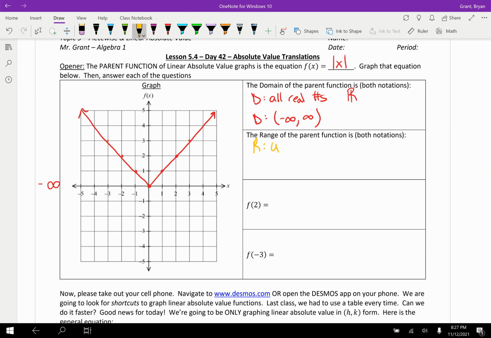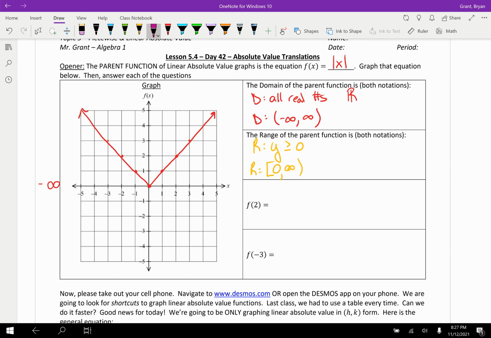You could say the y values are equal to 0 or greater than 0. Or the other way you could describe it is you could say we start at 0, that's the bracket to show equals, and we go up to infinity. Both of those are accepted, and you need to be comfortable with both of them. But as a teacher, I don't care which one you write. Just be ready if it's a multiple choice test, you need to be able to recognize both.